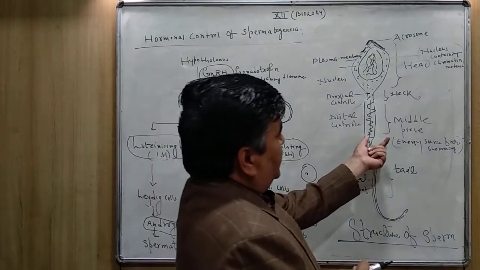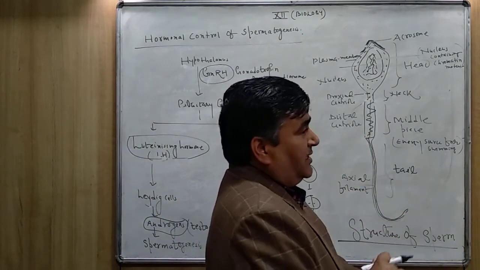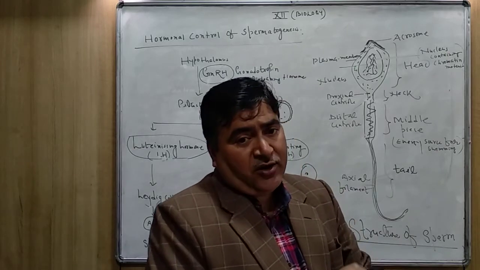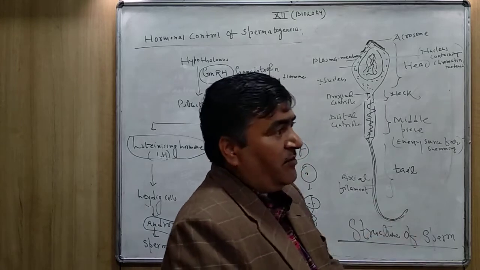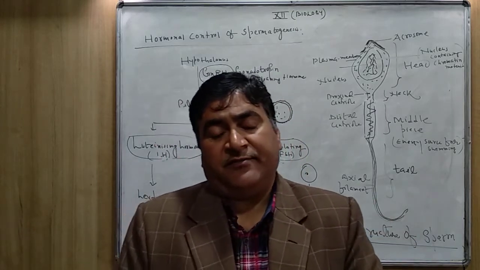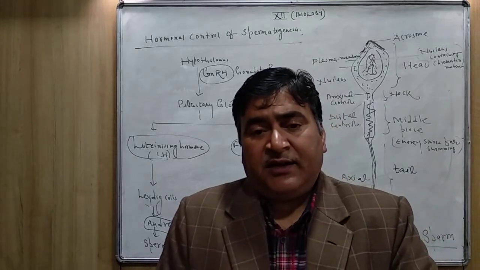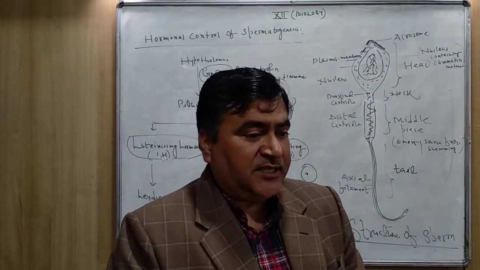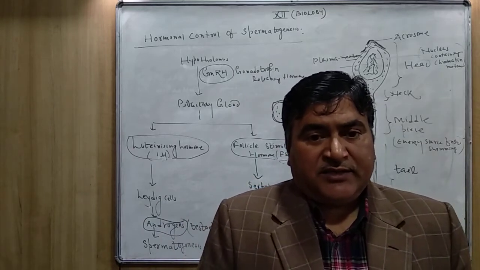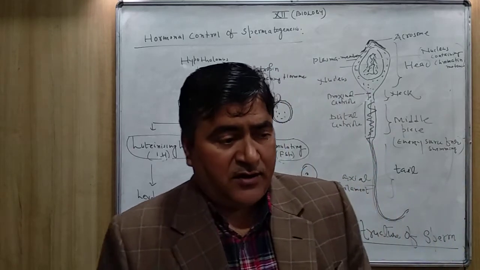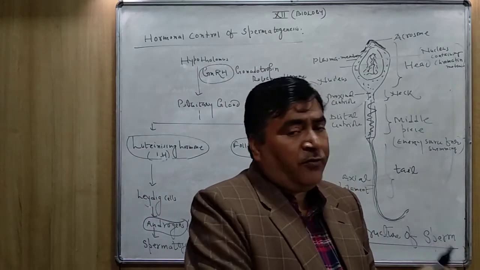Now the middle phase is followed by which part? The tail part. The tail is a long, elongated, cylindrical structure containing the axial filament, and the tail region vibrates, beats, and due to the beating, when the sperm gets the liquid medium, or you can say the lubricating materials, the sperms move forward.